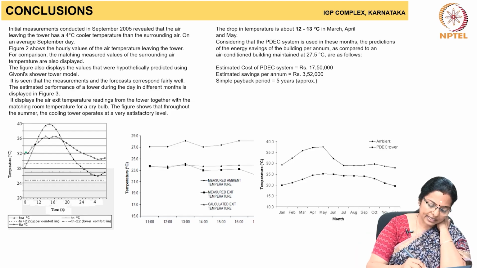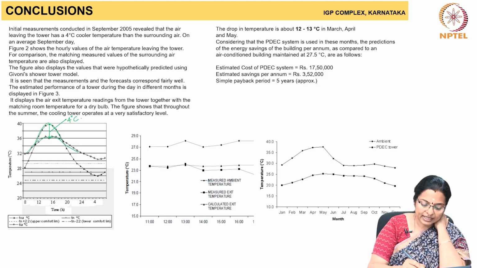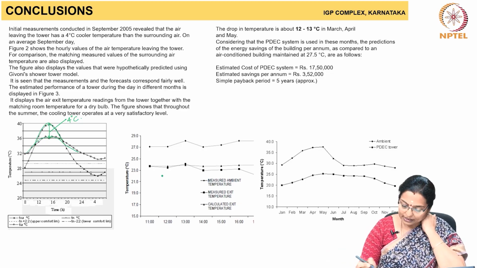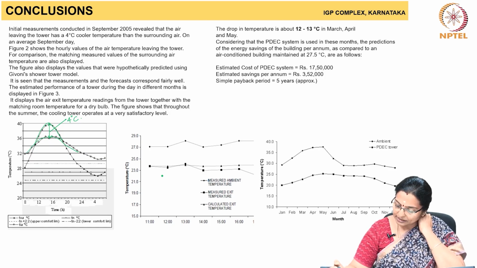You can see that the indoor temperature is at least 4 degrees lower than the ambient temperature. Also, you can see what happens in the other months.